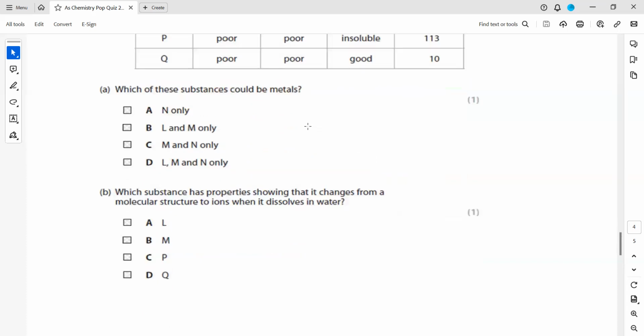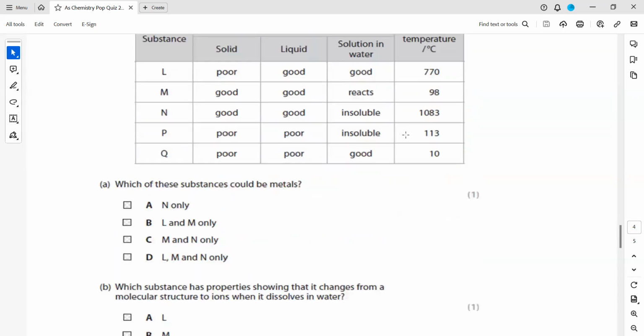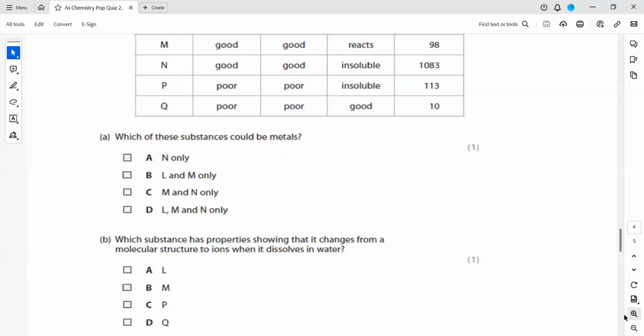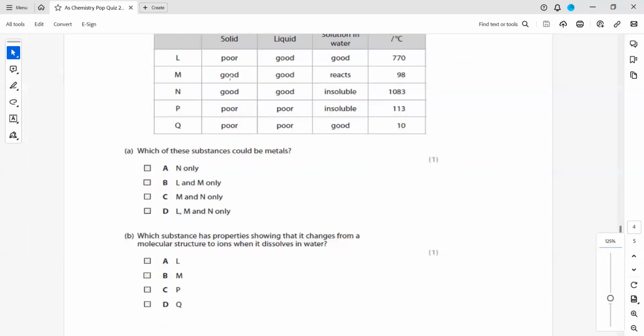Which substance has a property shown that it changes from a molecular structure to ions when it dissolves? So it has a molecular structure, but it turned into ions. When we check the options, first L, in solid it is not conducting, because they mention here it has a molecular structure to ions when it dissolves in water.